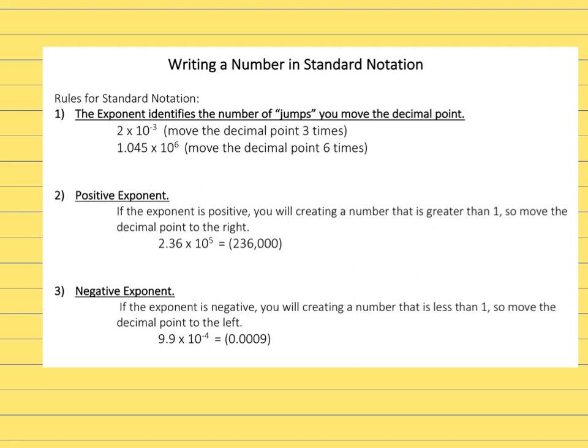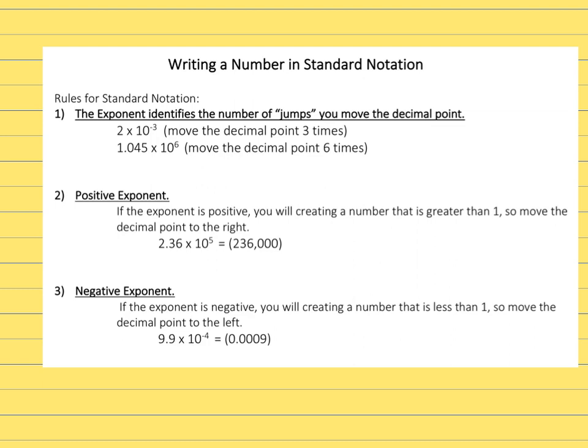Okay, now we're going to do the opposite. We are going to write a number in standard notation. So this is on the next page of your journal. And the 3 rules for this, we're kind of going backwards. The first thing we're going to look at is to let the exponent identify how many jumps we have to move the decimal point.